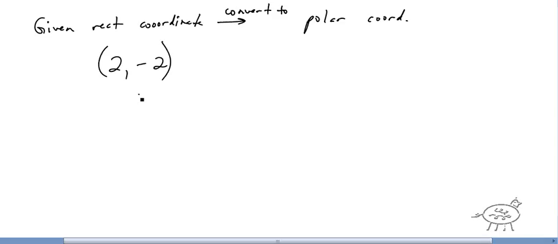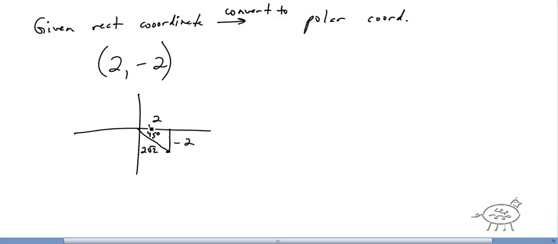The deal here, guys, is you've got to graph it. So 2, -2 is right down here. If I draw my triangle, it's always going to be a 30, 60, 90 or a 45, 45, 90. In this case it's 45, 45, 90. So this is 45 degrees here. That's 2, 2, which means this is going to be 2 root 2.